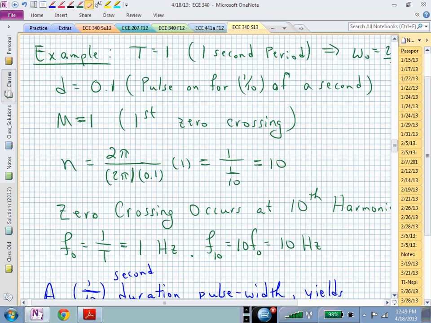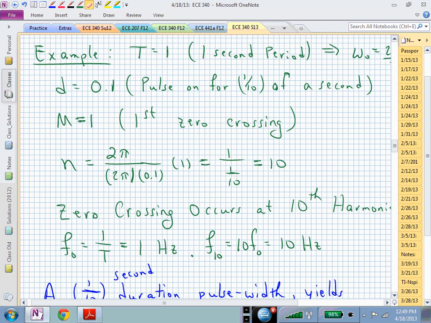In terms of radians per second, it was 2 pi. But in terms of what we're used to thinking, cycles per second, or hertz, it's 1 over T, and T was 1, meaning for a 1 hertz periodic pulse train, the 10th harmonic is just 10 times 1, or 10 hertz.